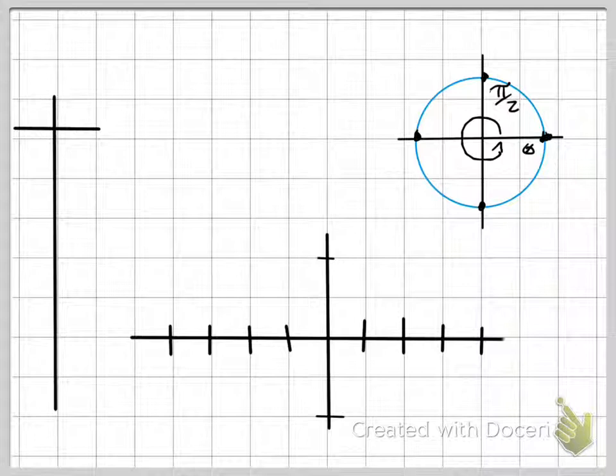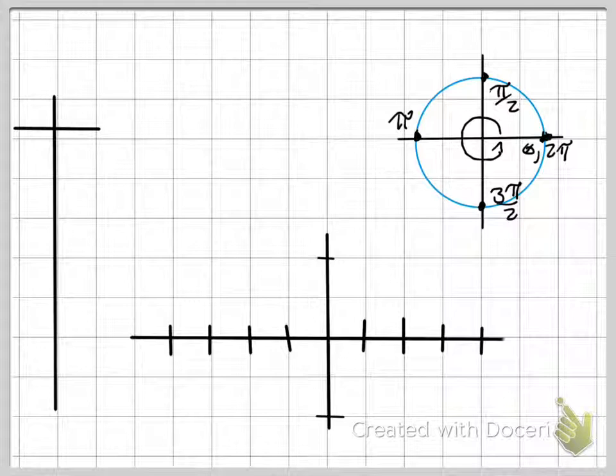So if I keep going from the pi over 2 down here, this value was pi. And if we keep going down here to the bottom of the graph, it's 3 pi over 2. And then if we keep going back up here to 0, we have gone the distance of 2 pi radians.